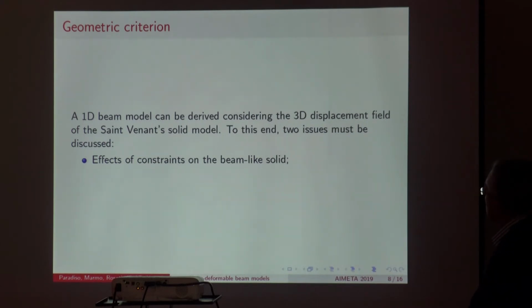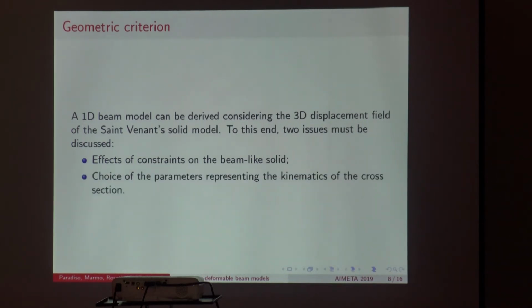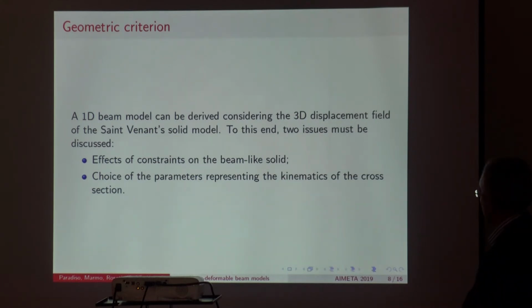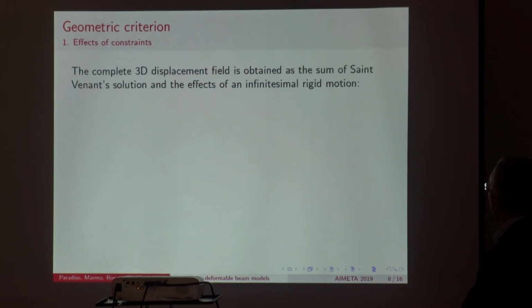And in addition, we have to define the parameters that define the kinematics of the cross-section. Let us discuss first the effects of the constraints.